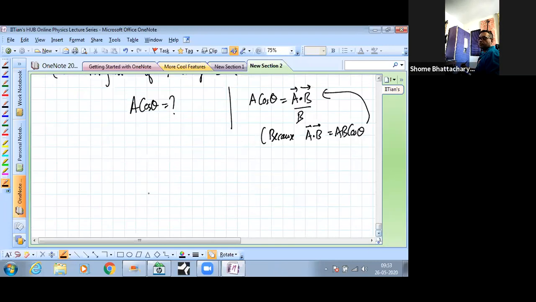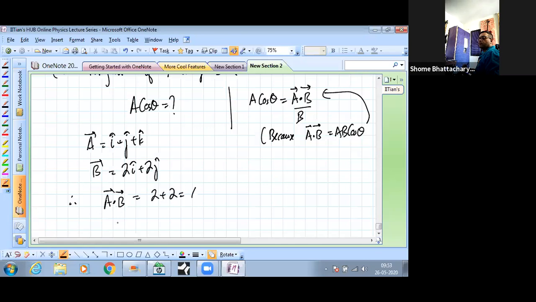Okay, so now see, given vector A was I cap plus j cap plus k cap, and vector B was 2 I cap plus 2 j cap. Therefore, how much is A dot B? It is 2 plus 2 or 4, and how much is mod B?